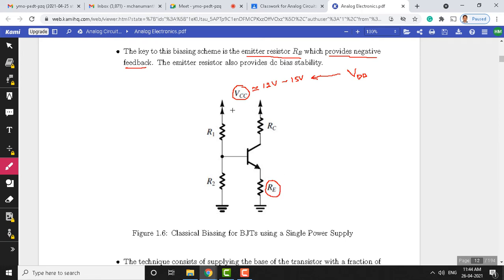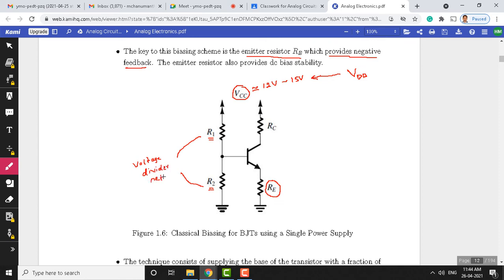Apart from this, in this kind of biasing scheme, you are seeing a voltage divider network, R1 and R2. This forms the voltage divider network.